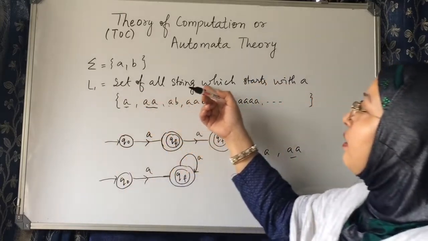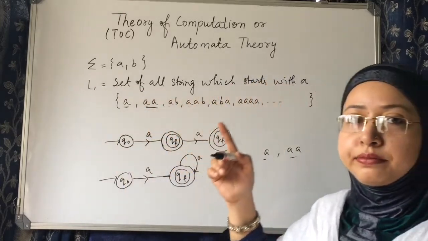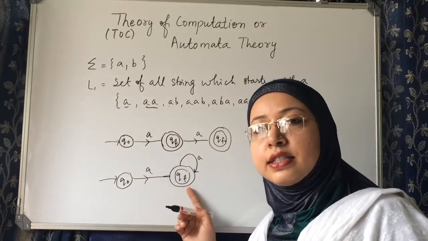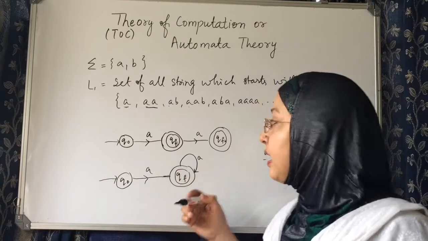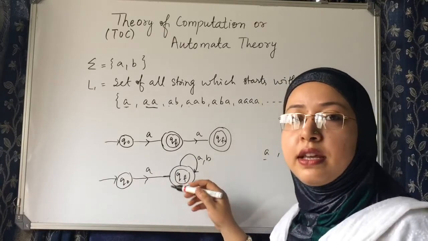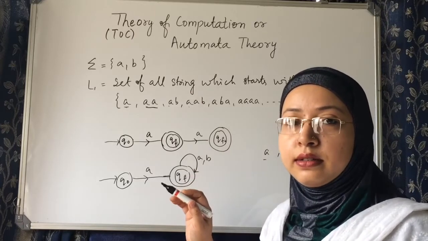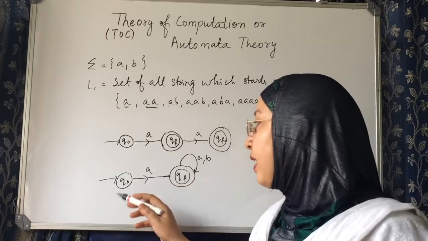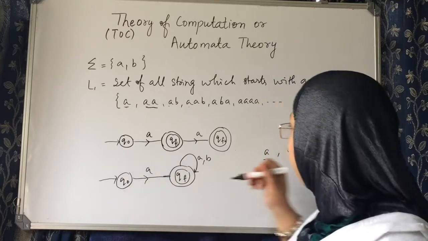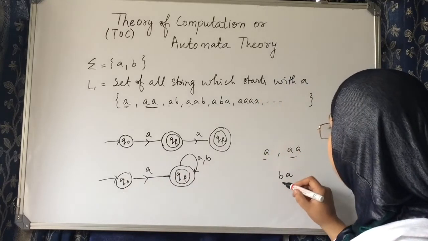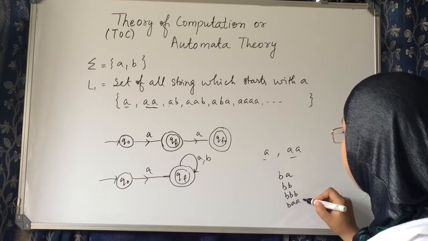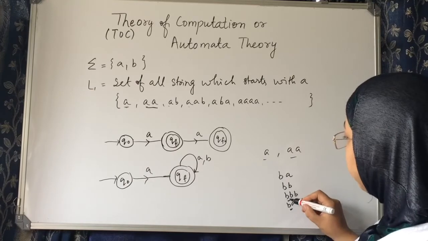Our language was the set of all strings which starts with A, so it has to see at least one A, then it reaches the final state, and after that it can see any A or B. Even if it sees B, it will stay in the final state, anything after A.